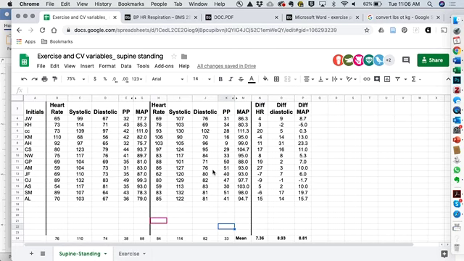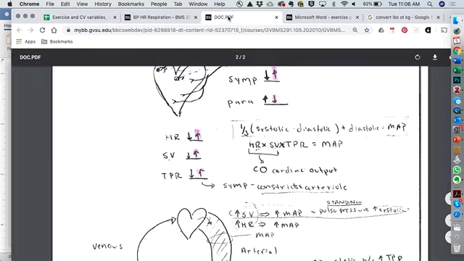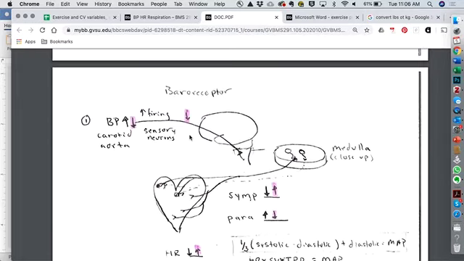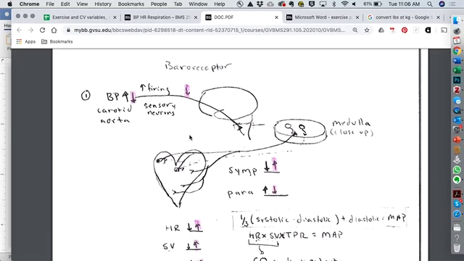So what I want to do is illustrate each of those different points on this handout. This is something that is on Blackboard, so you can use it to track what you've got going on. One thing that's happening is that you're working with a baroreceptor reflex.